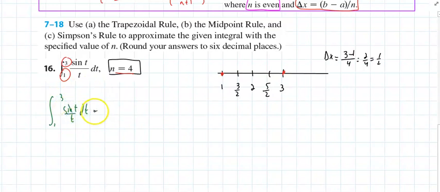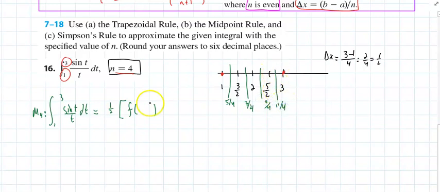If I want to use the midpoint rule on this, I will say that's delta x times f of the midpoint of those. 1 plus 3/2 is 5/2, take half of that, that's 5/4. 3/2 plus 2 is 7/2, multiplied by a half, so 7/4. So 5/4, 7/4, 9/4, and 11/4. Pretty much those are the values I need.